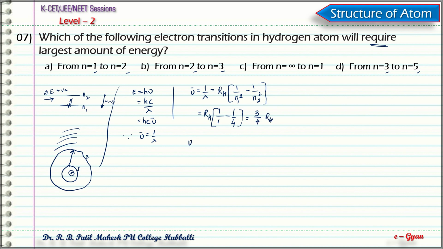Coming to the second option, nu bar is equal to RH into the bracket 1 divided by 2 square is 4 minus 1 divided by 3 square is 9, which is equal to 5 divided by 36 times RH.